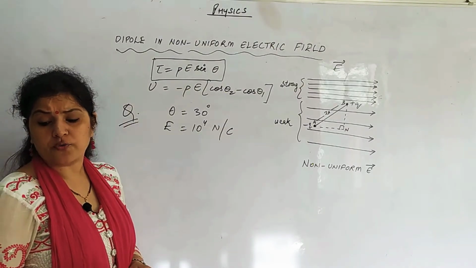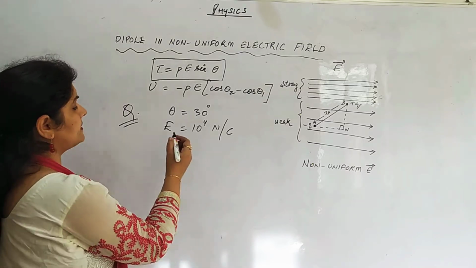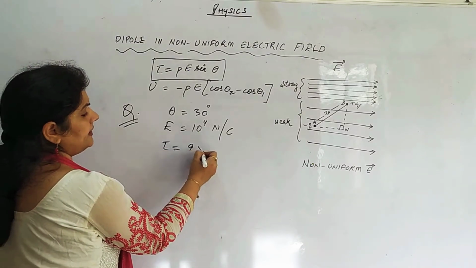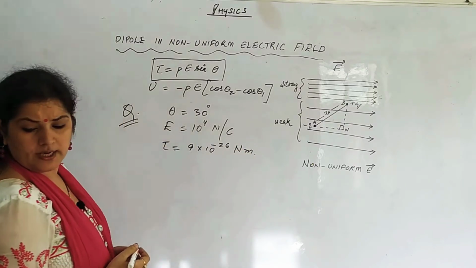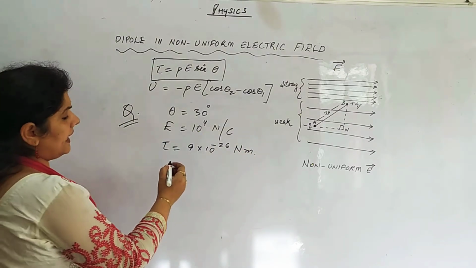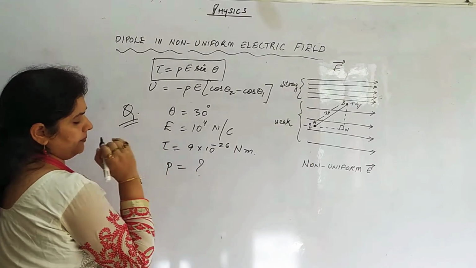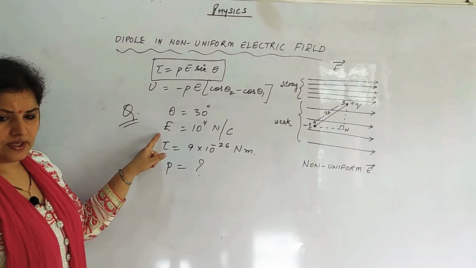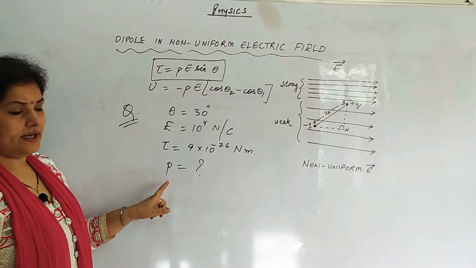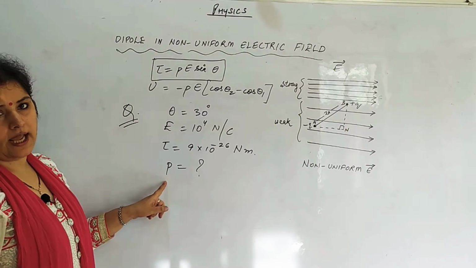It experiences a torque of 9 into 10 raised to power minus 26 newton meter. So calculate the dipole moment of the dipole. Theta is given, electric field is given, torque is given, and you are supposed to find the dipole moment.